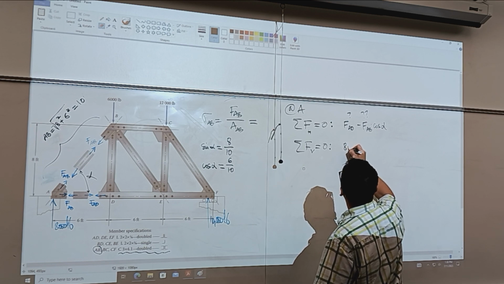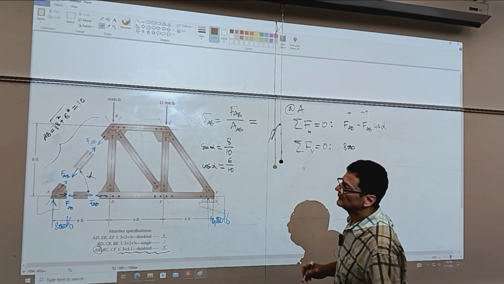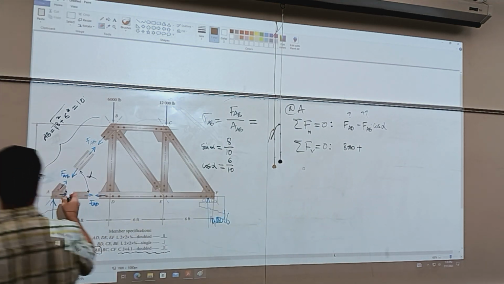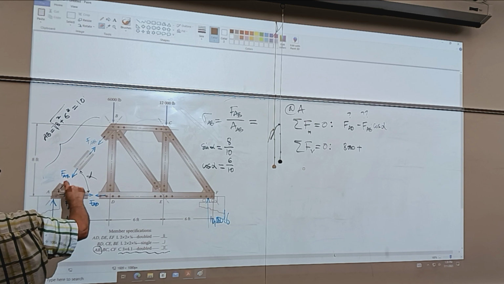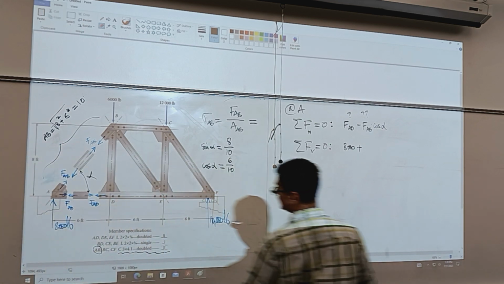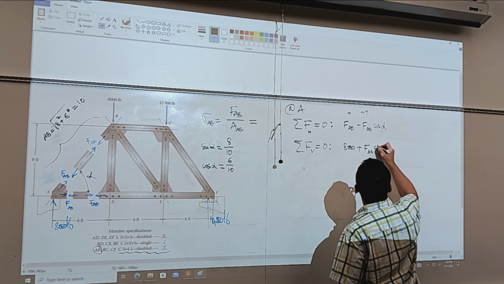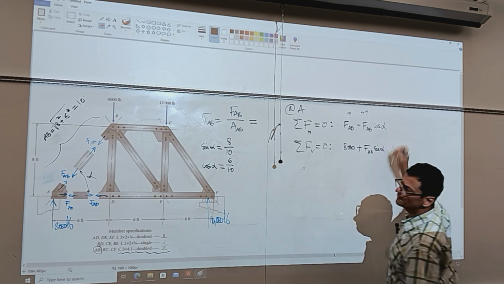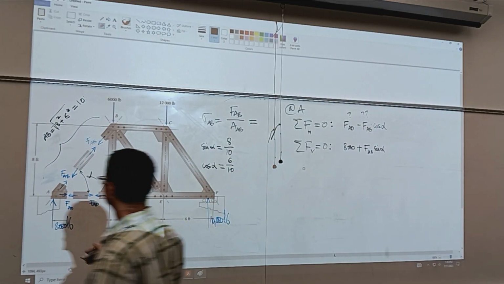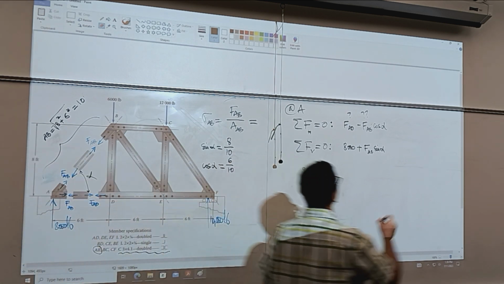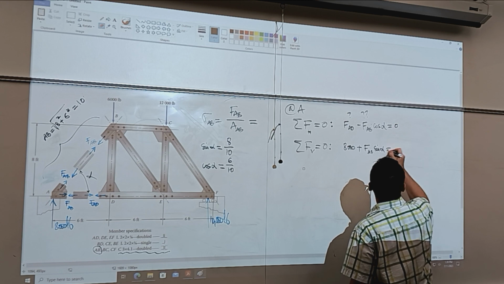So we have 8,000, and then I have the vertical projection of FAB. It's also positive: FAB sine of alpha. So this equals 0. I don't think we missed any component.